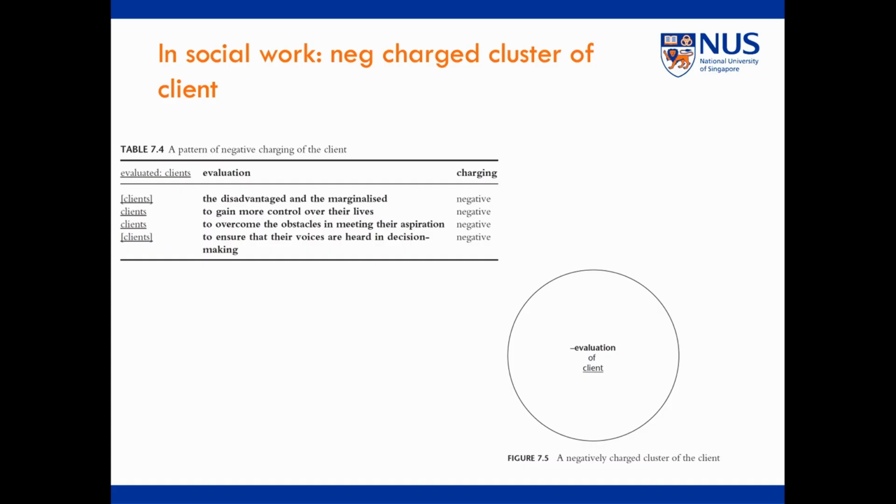They might have gotten rid of the evaluations, and the positive and negative charging, but you automatically associate it as being negative because they've trained you, in a sense, through the cluster patterns to see a client as being disempowered, disadvantaged. And that's how you read their positioning within the text until the author decides to introduce a new positive or negative charging to subvert, challenge or destabilize that in some way. So that's what's going on, I feel.